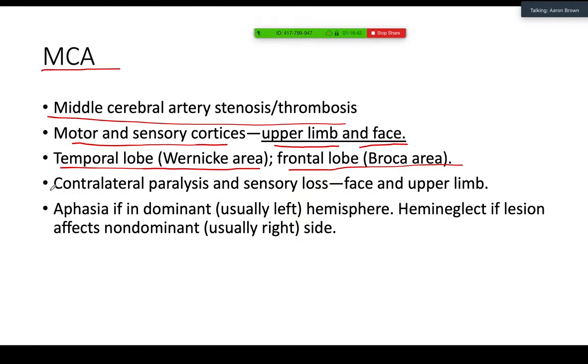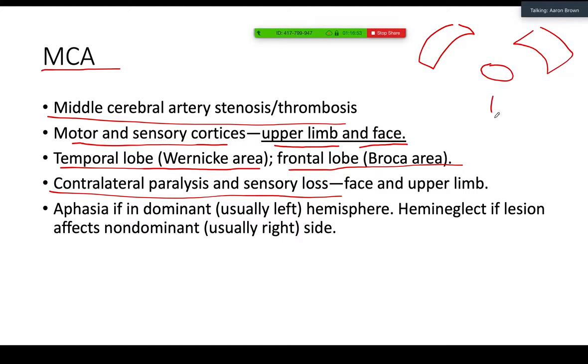This is going to be contralateral paralysis and sensory loss, right? If we're at the level of the cerebral cortex, so here's our cerebral cortex, here's our thalamus, here's the medulla, here's our spinal cord, and here's our hand.